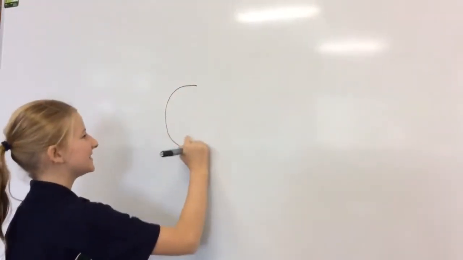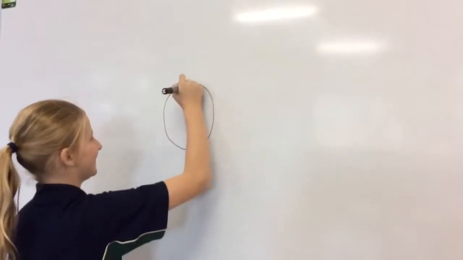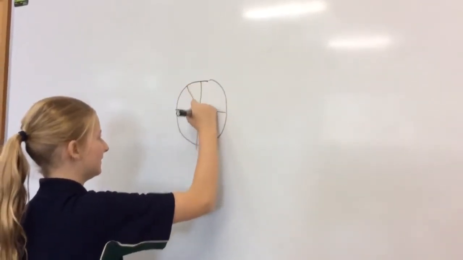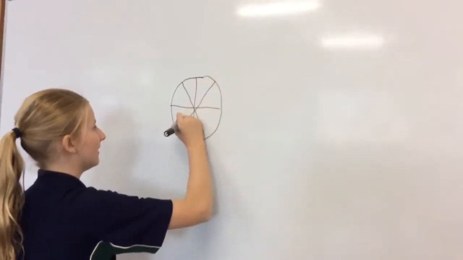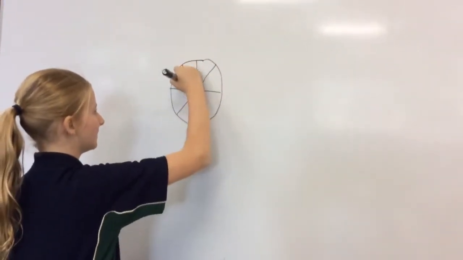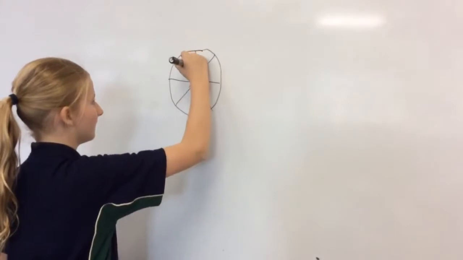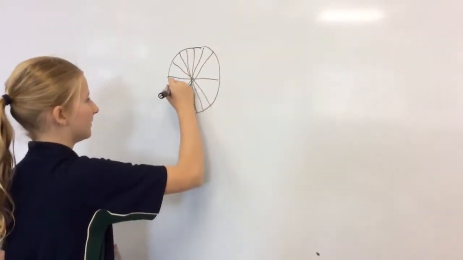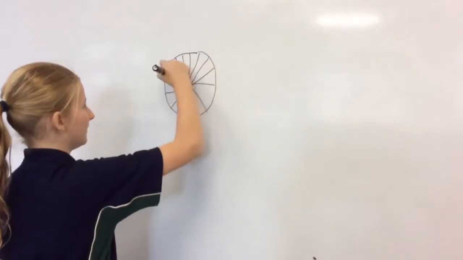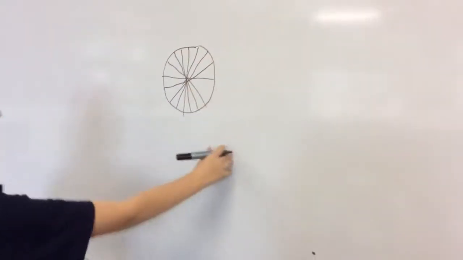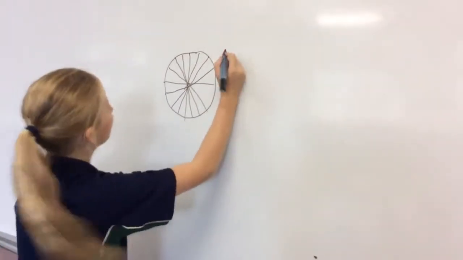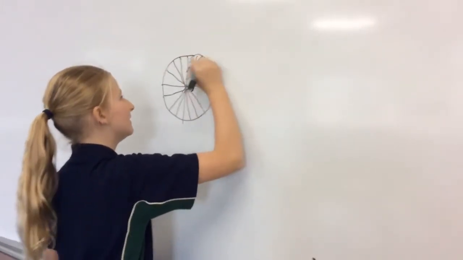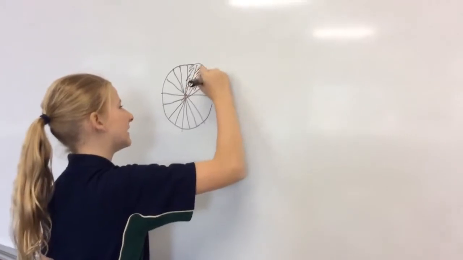So say we had a pizza, and we cut it into 16 parts. Then we decided to colour 4, so we cut 1, 2, 3, 4.